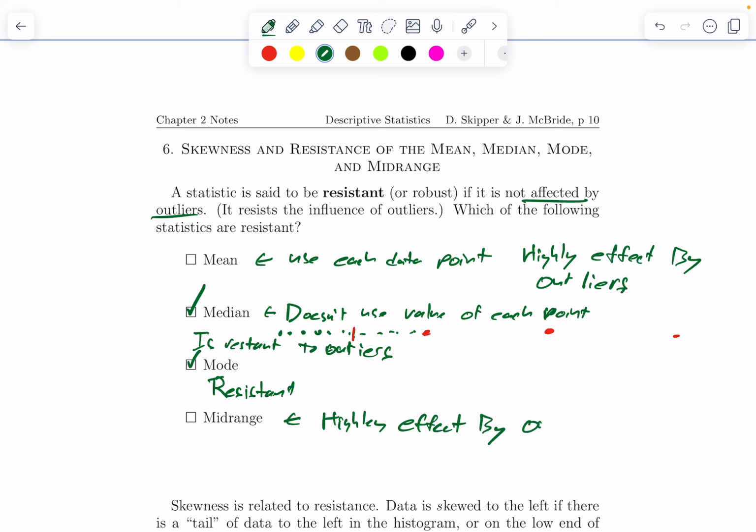Why would that be affected by outliers? Because you use the max and min value. And if there are going to be outliers, they're going to be either the max or the min. So that's why that one is not resistant.